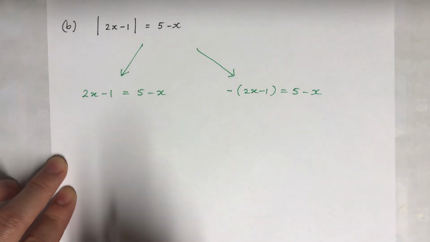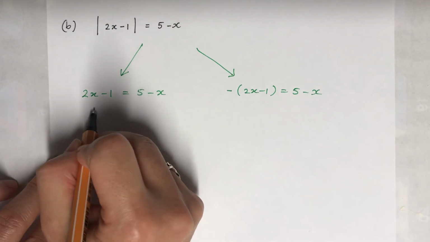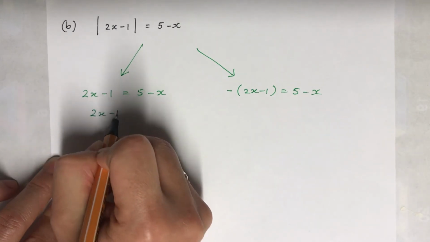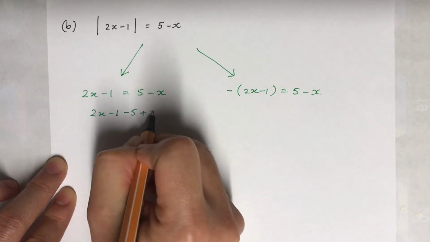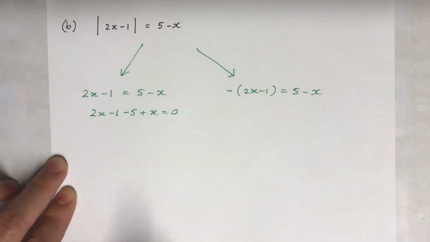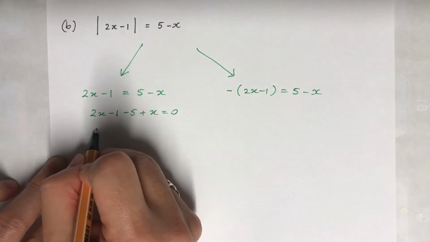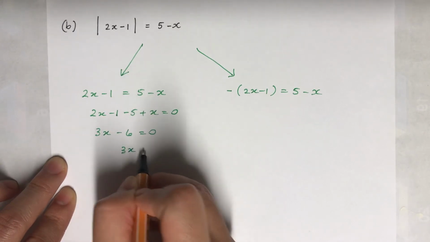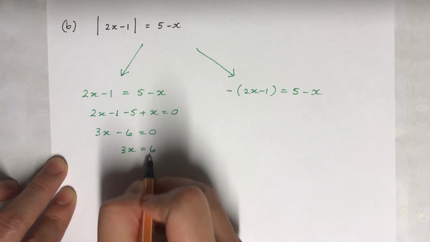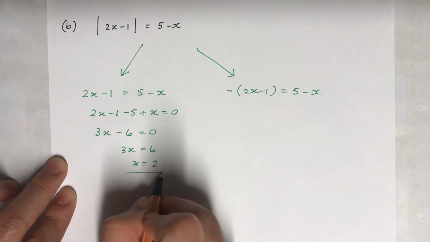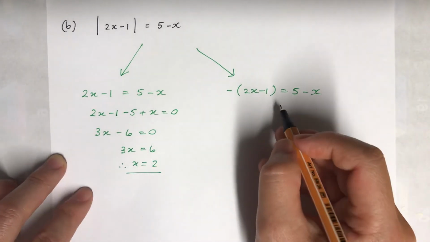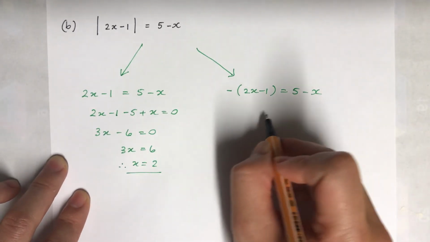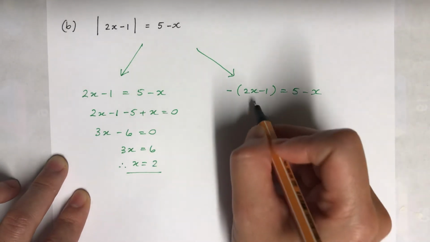So when we do that, I'm going to move everything to one side, just make the right hand side 0, easy. So 3x equals 6, x equals 2, and that's a possible x value.